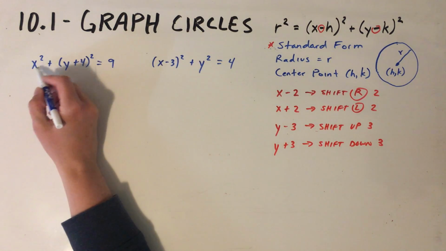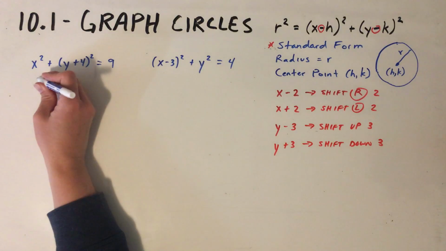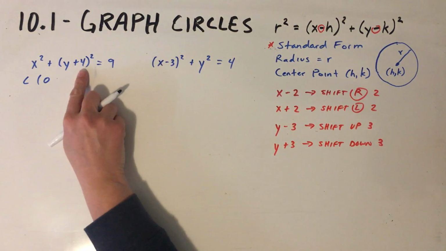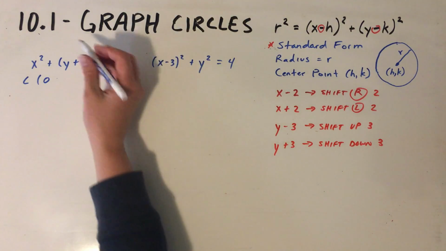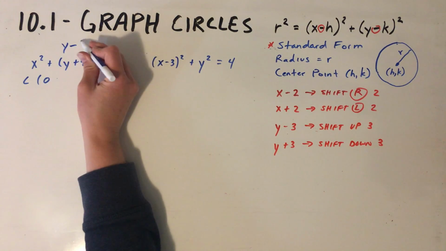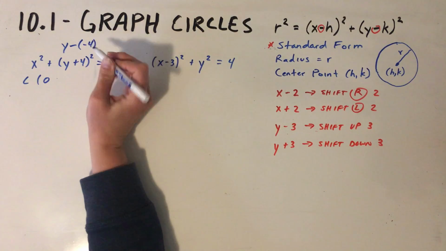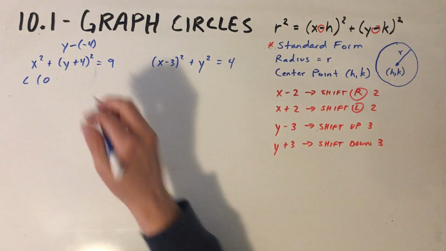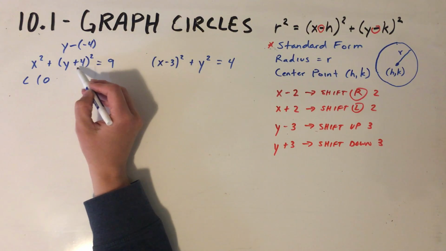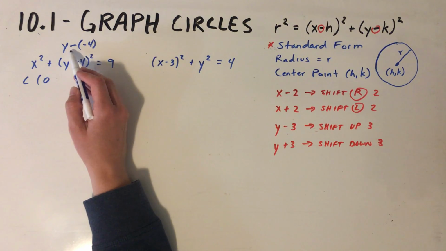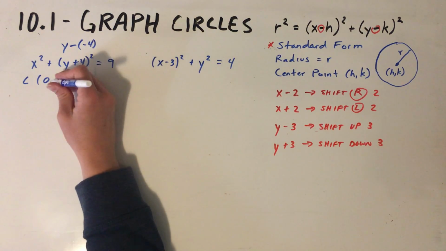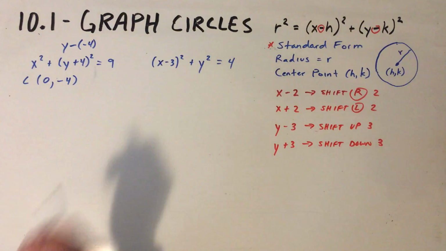Right here there's no h value, so my x point of the center of my circle is going to be 0. Here my y value is 4, but remember, if I were to write this in standard form, it would be a negative 4, because the only way that this sign right here could be positive is if I was actually subtracting a negative. So this is the value for k, which is negative 4.